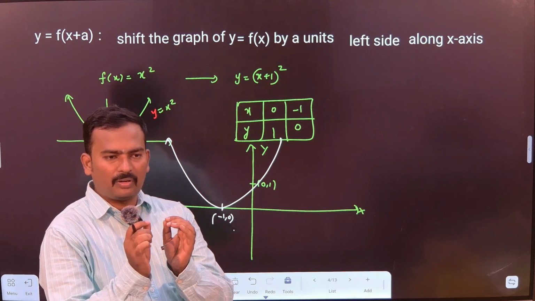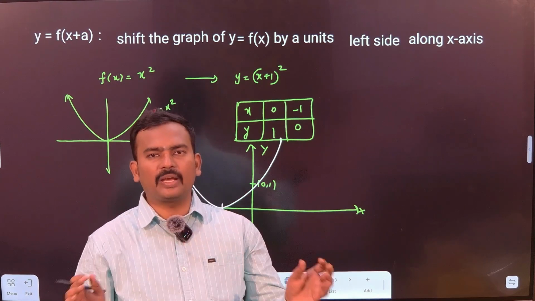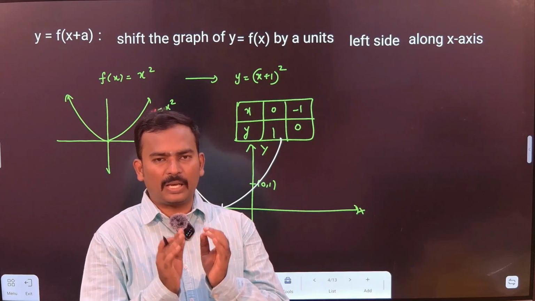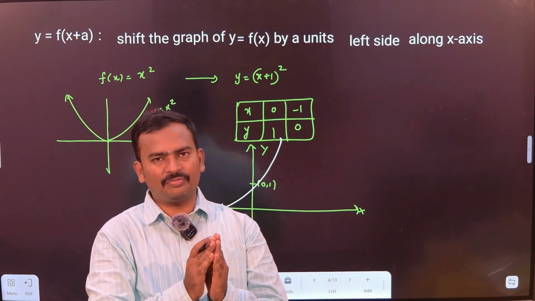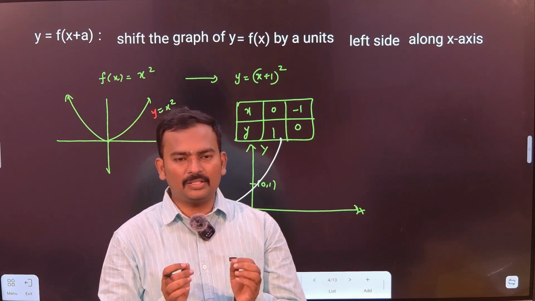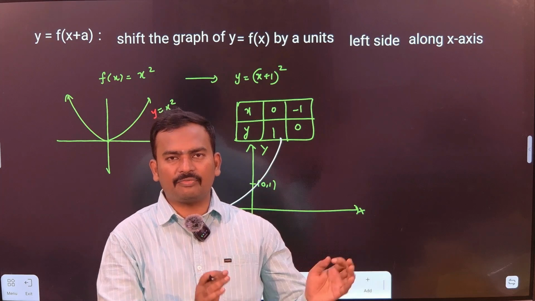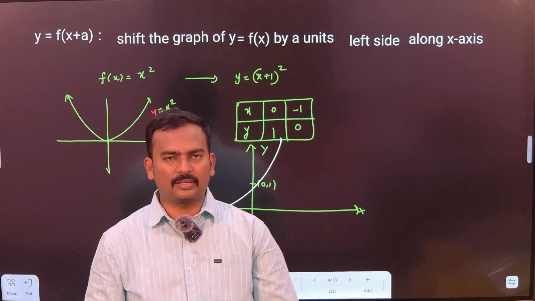You have to remember the input is x. Plus means you shift left, x minus means you shift right. Input translations: x plus a means you shift a units left, x minus a means you shift right a units, right?